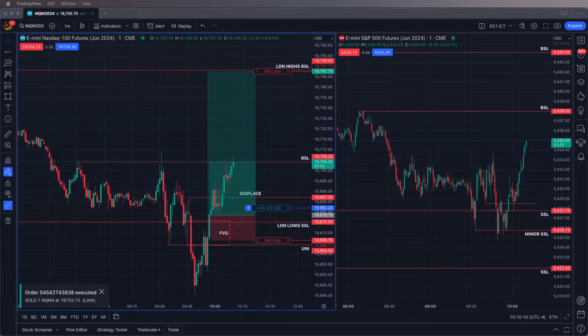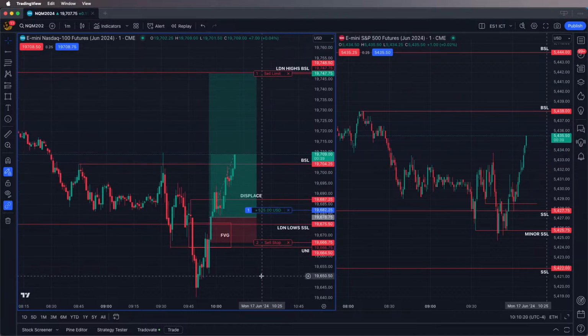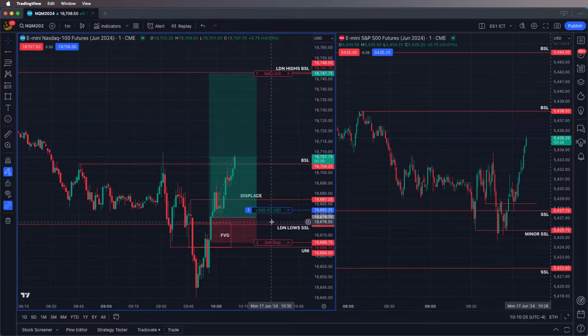Order filled. Alright, so our first TP has been hit, and at this point I'm going to move my stops to around 6, 7, 8, 7, 5.